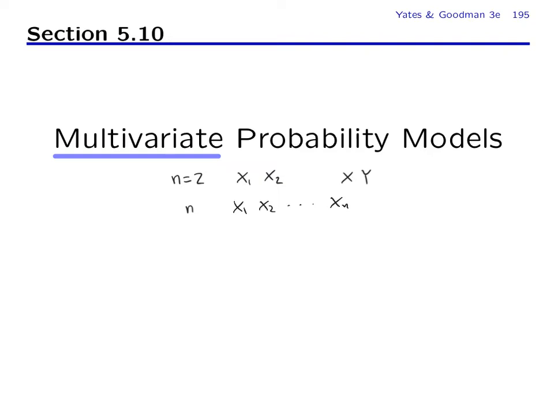Still, we'll include the definitions because later on in the course, we'll be interested in things like a random variable W, which might be the sum of X1 plus X2 plus up to Xn. And we'll be interested in properties of this sum, and it's just good to keep in mind that there's a whole framework of definitions that describe the experiment that produces all n of these random variables.